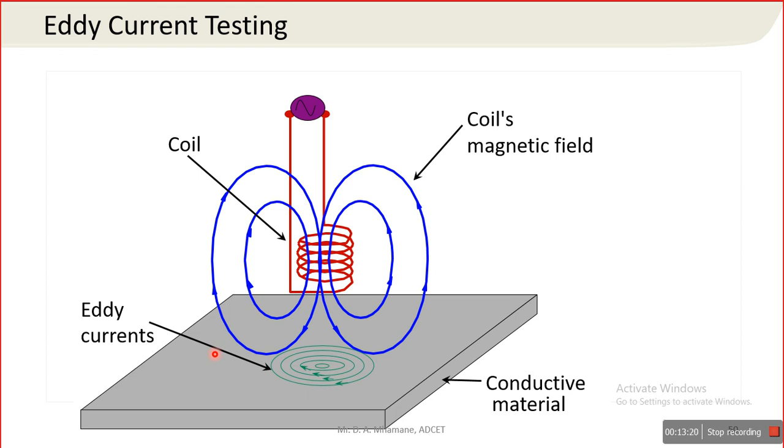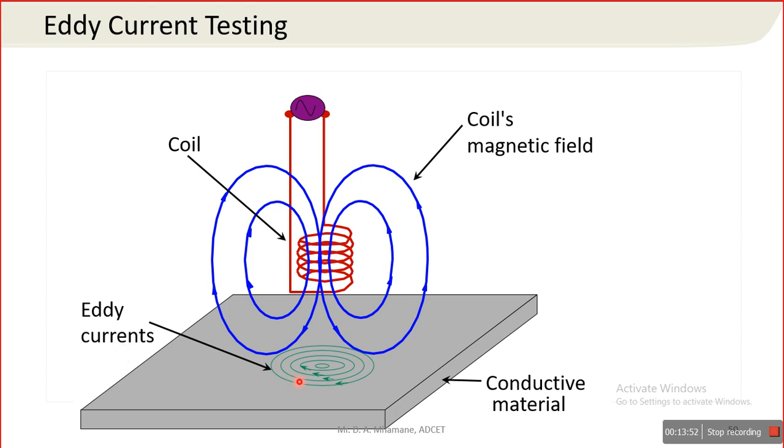So how do we measure whether there is a defect or not? First we supply alternating current here. As we supply alternating current to the coil, a magnetic field is generated around the coil, and when we put our specimen near the magnetic field, eddy current is produced within the material. And suppose there is a defect at that location, that defect disturbs the eddy current.